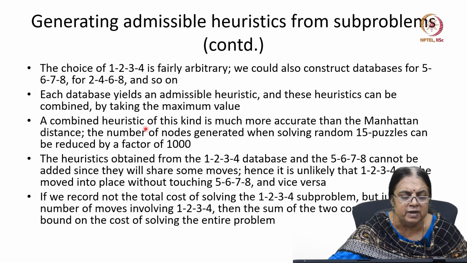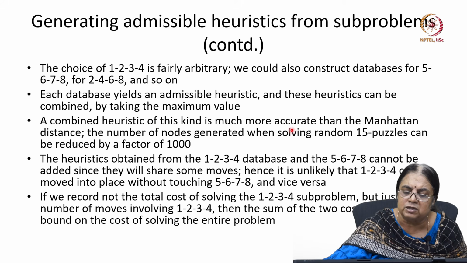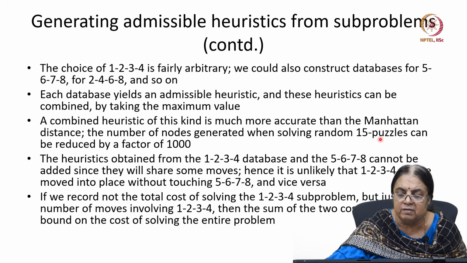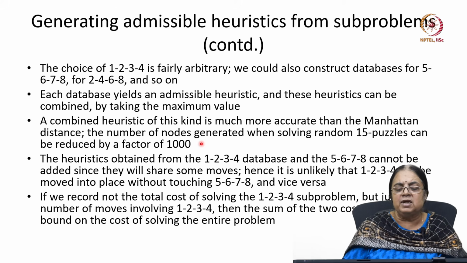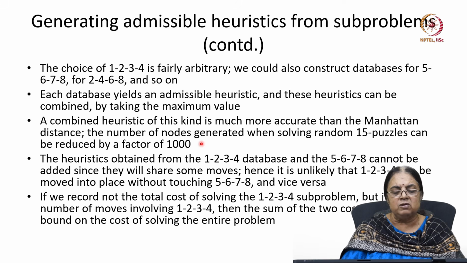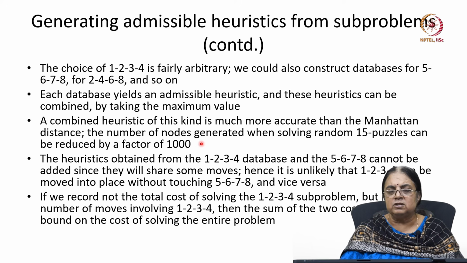What you basically find is that a combined heuristic of this kind is much more accurate, and the number of nodes generated when solving random 15 puzzles can be reduced by a factor of 1000. The 8 puzzle is not so complex, but if we look at the 15 puzzle, which is a 4 by 4 grid, or a 5 by 5 board, which is the 24 puzzle, then it gets more complex, and using all these things helps you get solutions much faster.